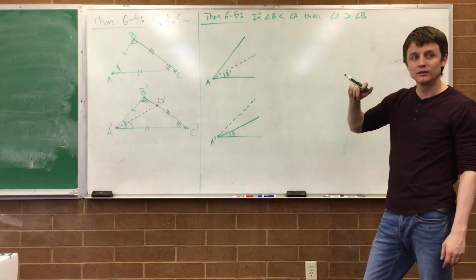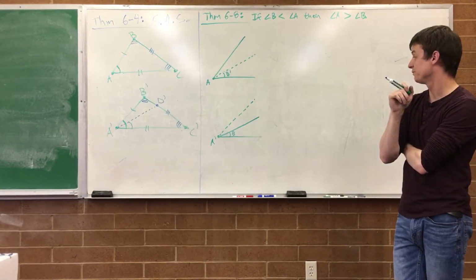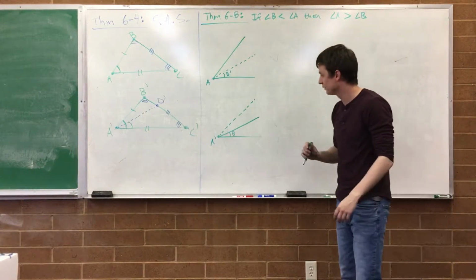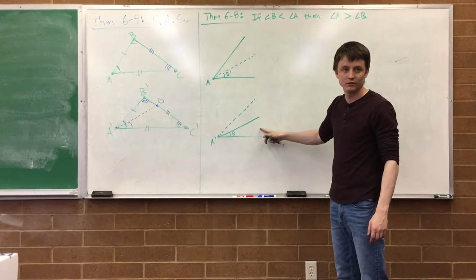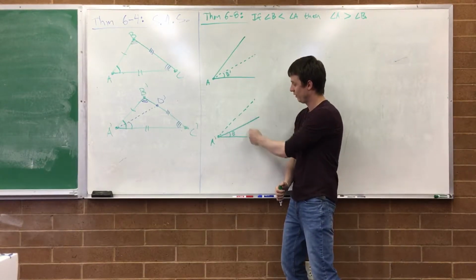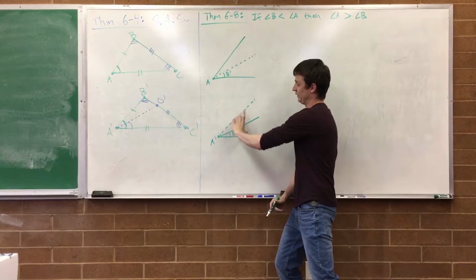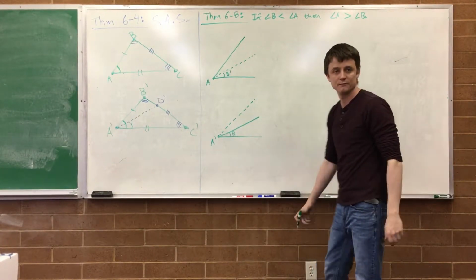Aren't we proving that that dotted ray is on the exterior, not the middle rays in the interior? Same thing, right? If this is exterior to this angle, and this side's in common, then that just means that if I take a point here and a point here, then a point here intersects it.